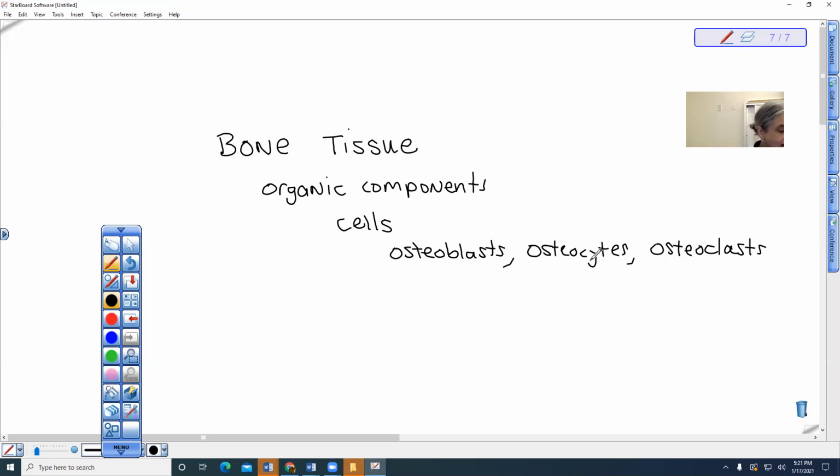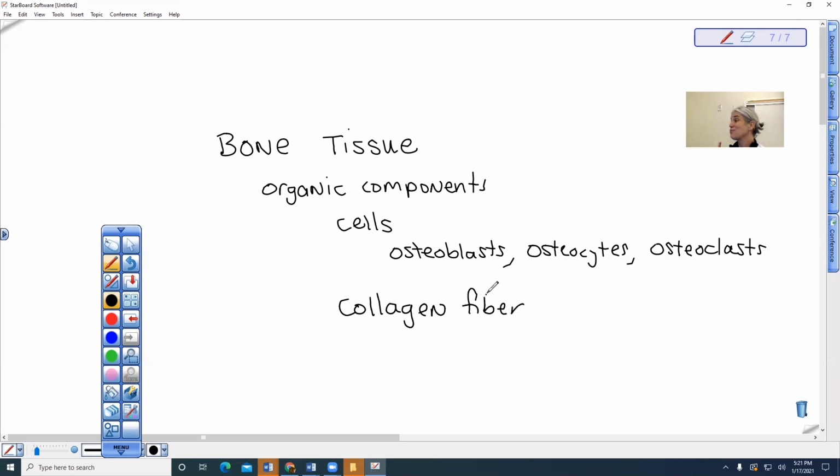So we also have the collagen fibers. What kind of molecule is collagen?